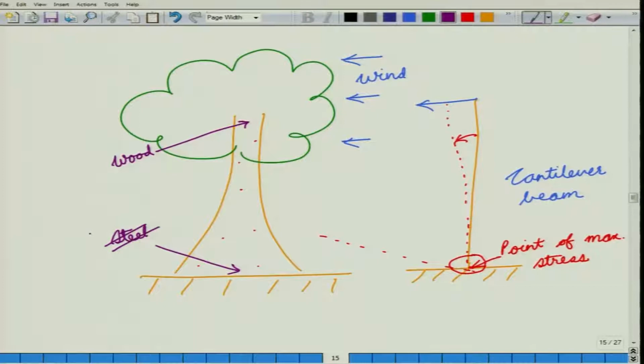So, because steel is not an option, it will add more material here, giving it a larger diameter at this point, and at this point it will add less material, giving it a smaller diameter. So, this should intuitively result in a tapered form of the tree stem with more materials added downwards, giving larger diameters at the bottom and lesser materials added upwards, giving smaller diameters at the top.